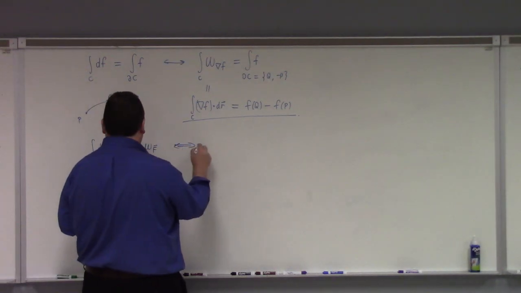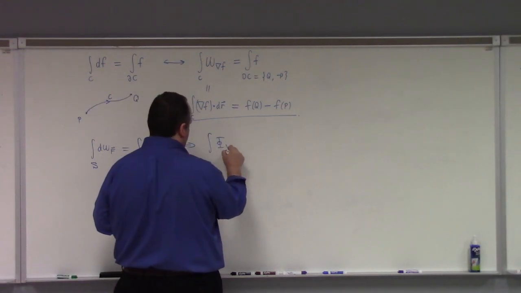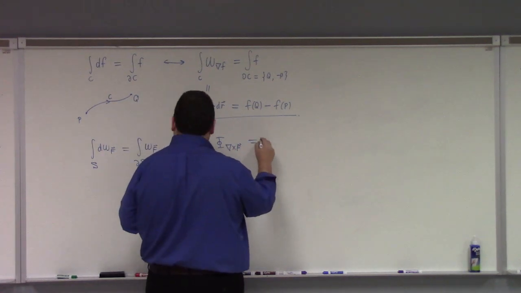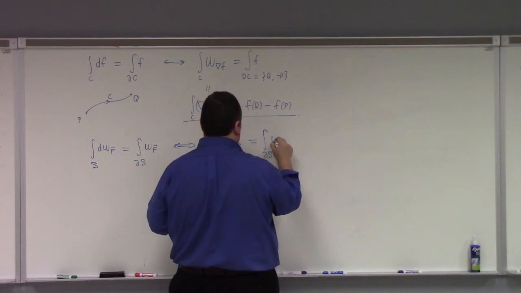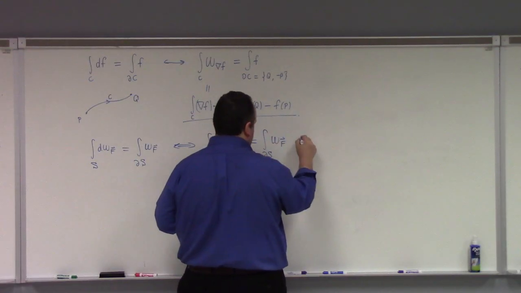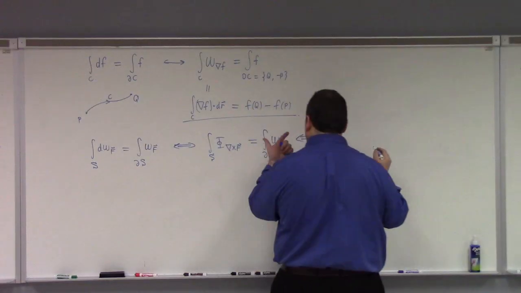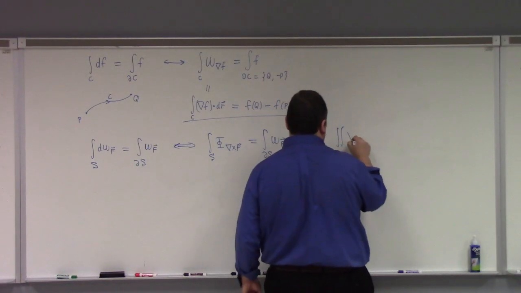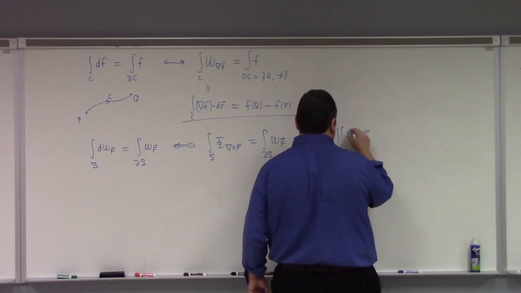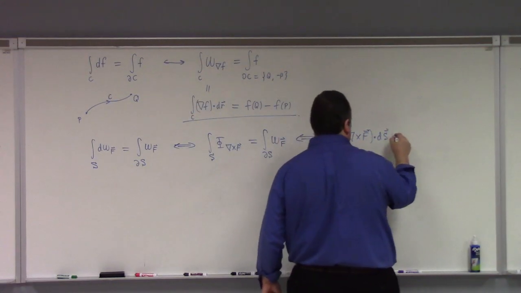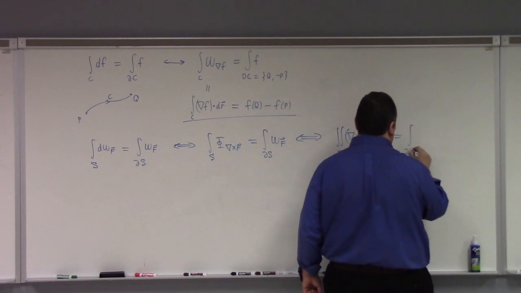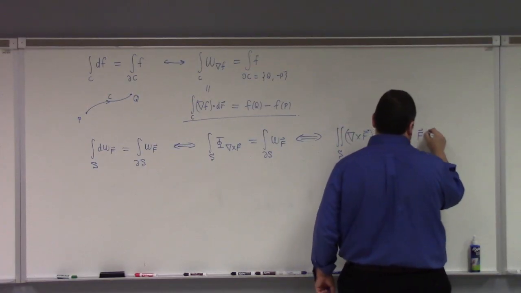This is the same as the flux of the curl of the vector field over the surface is equal to the integral over the boundary of the surface of omega f. But then translating that into line integrals and surface integrals, that's the surface integral of the curl, right, is equal to the integral over the boundary of the surface.